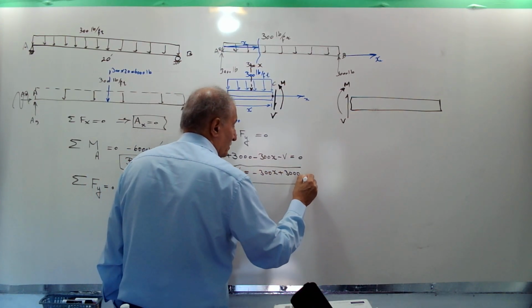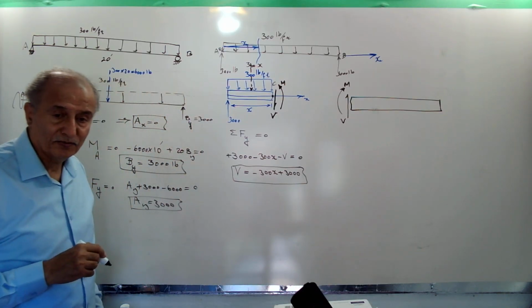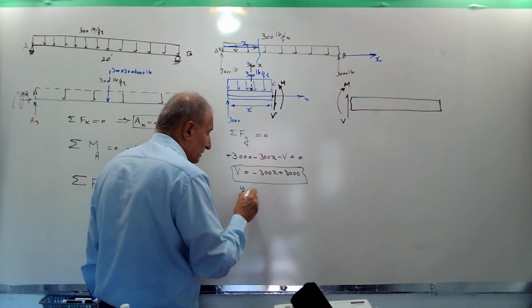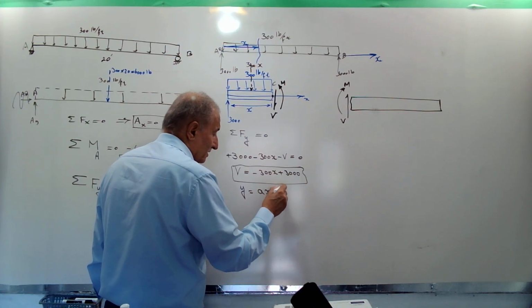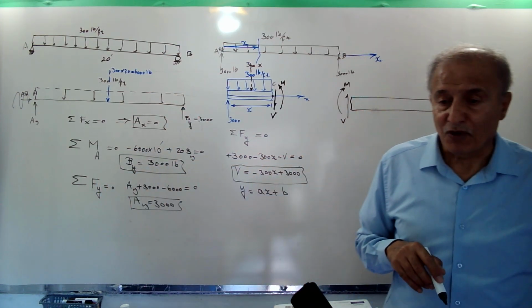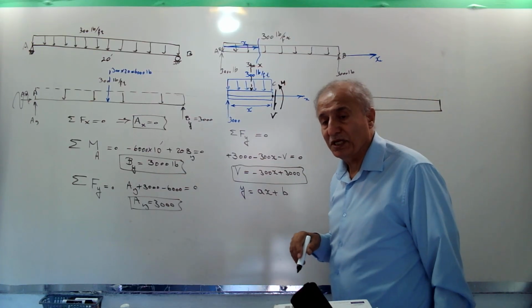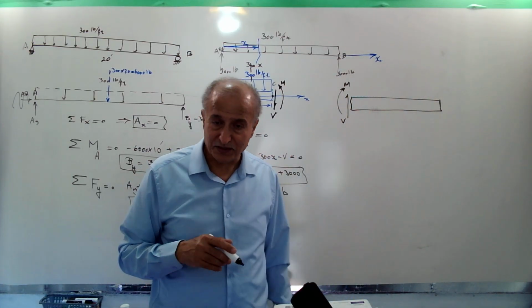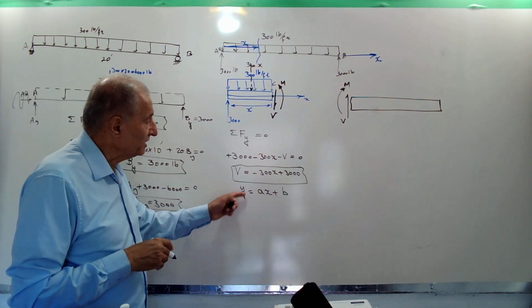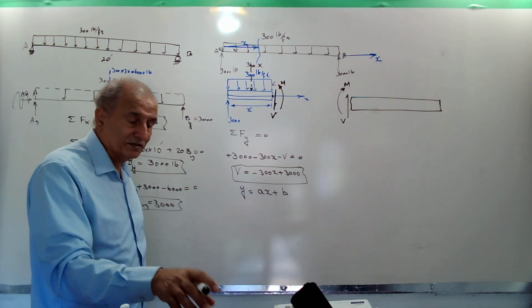That's the equation of the shear force diagram. It is similar to the linear equation of a straight line, Y is equal to ax plus b. You know this is a straight line. Slope can be positive, can be negative. Here the slope is negative.